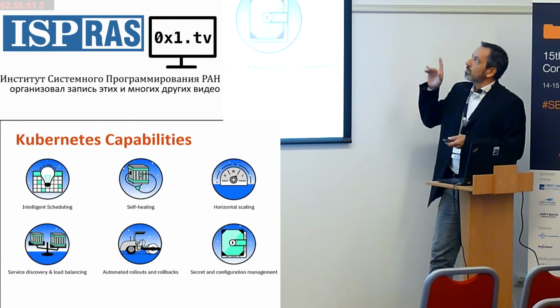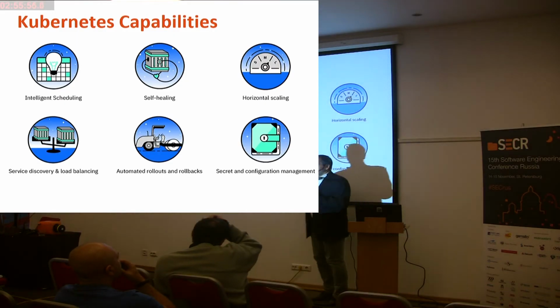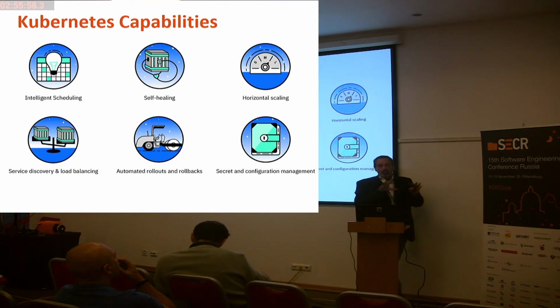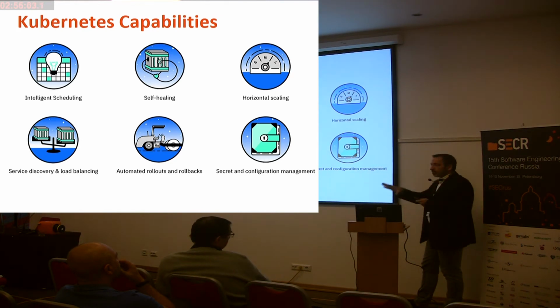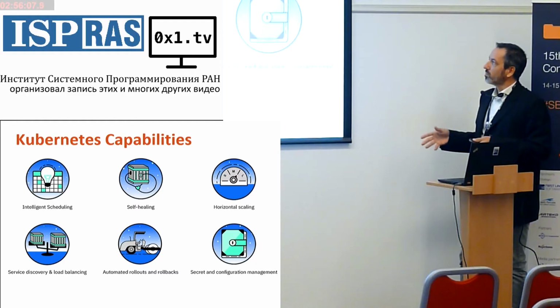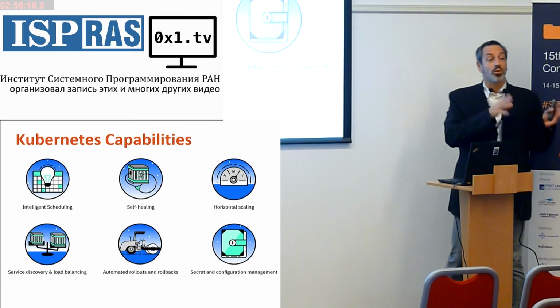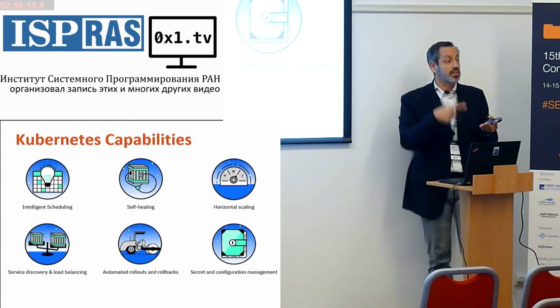So, what are the capabilities? First, intelligent scheduling. Scheduling means placement of containers. So when you have a new container to be deployed or restarted, Kubernetes will take care to deploy that container in one of the worker nodes that is available. Self-healing, meaning that if one container is failing or if one node is failing, it will try to restart the container.